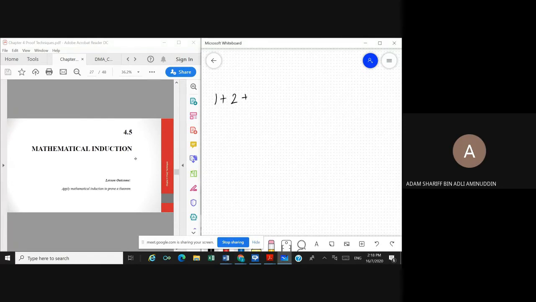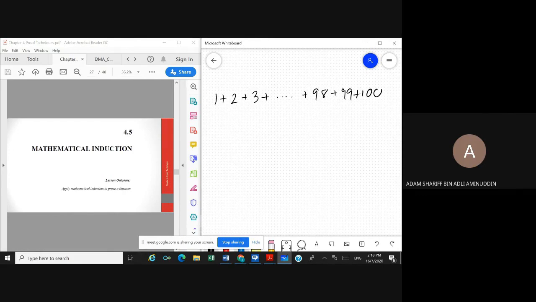The teacher asked, what is the sum from 1 until 100? This boy actually existed 200 years ago. That boy managed to answer this question very fast. According to the legend, he answered it within 1 minute.